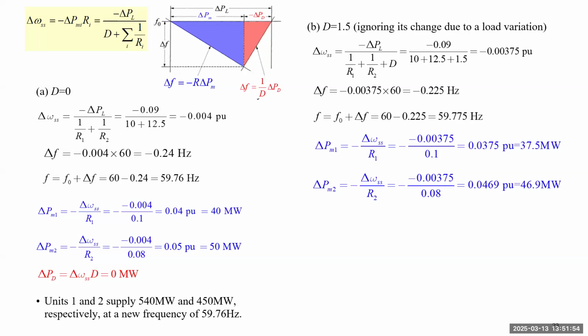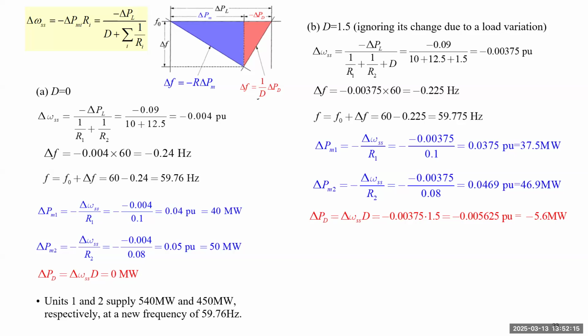The power change on each unit will be 37.5 megawatt on unit 1 and 46.9 megawatt on unit 2. The load change due to the frequency deviation will be negative 5.6 megawatt.